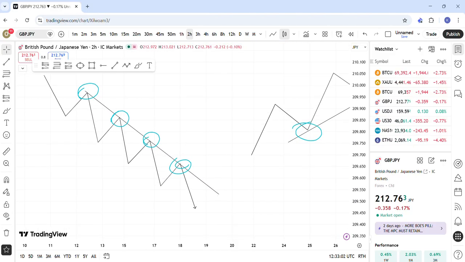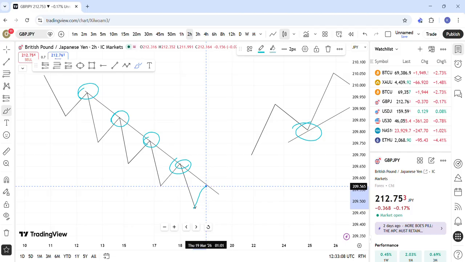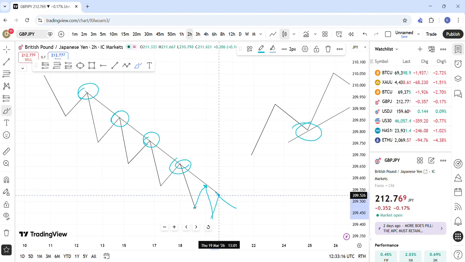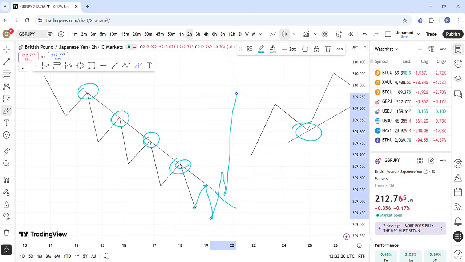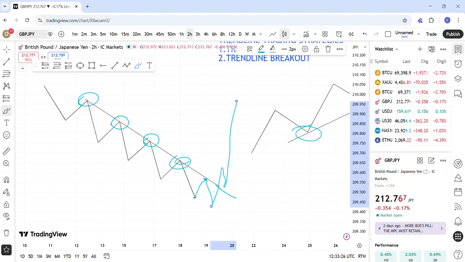Trend line bounce means that price will come here, bounce off here, and continue falling. Or price comes here and breaks out, maybe retests, then goes up.